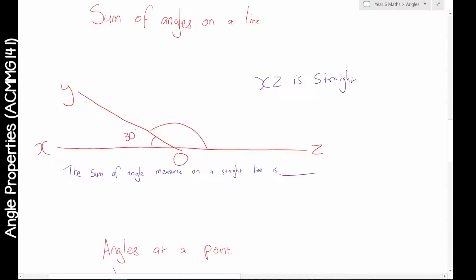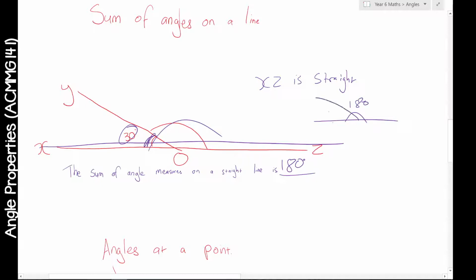If we've been told that this angle here is worth 30 degrees, we can already tell what this is going to be without having to measure it, because we know a straight angle is worth 180 degrees.